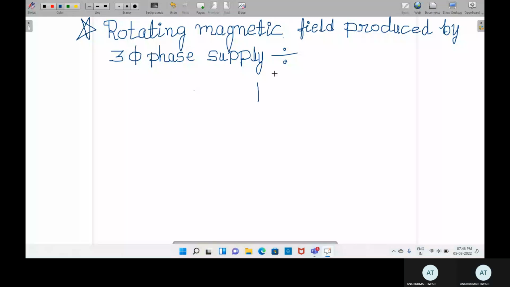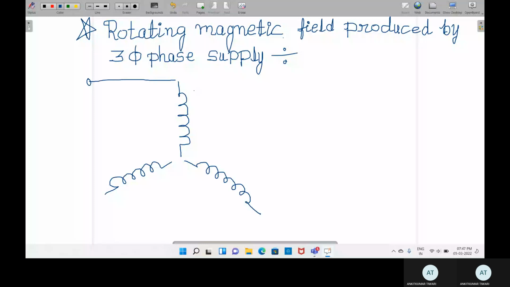So we will draw the three coils. So here there are three coils.